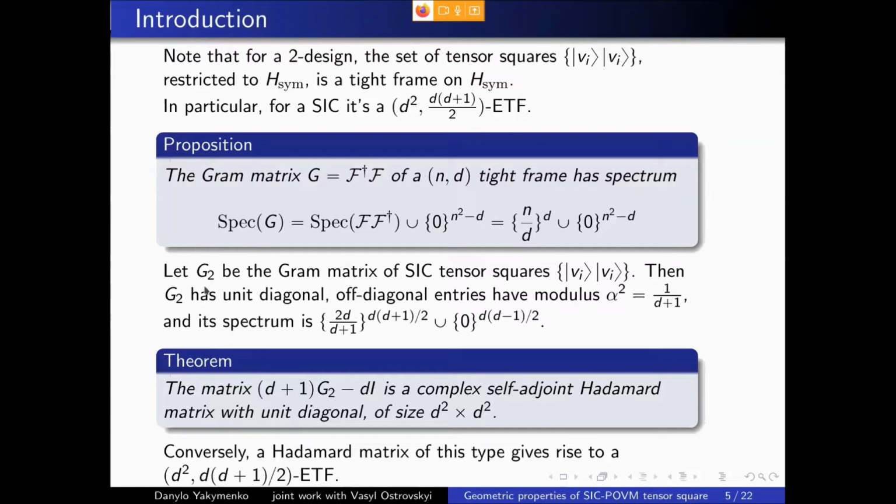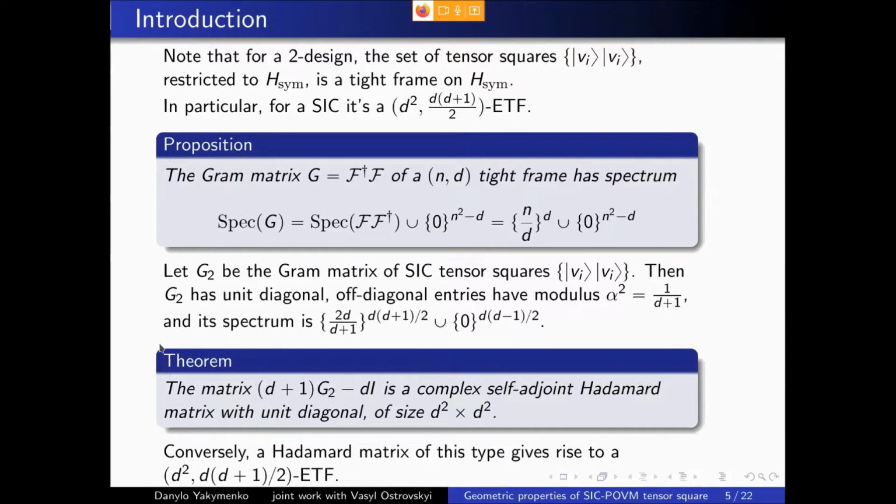Now, what we see is that this G2 Gram matrix has a unit diagonal. The diagonal entries all have modulus alpha squared, right? And the spectrum of this matrix we calculate from this proposition, and we know it completely. Yes, it has two points with these multiplicities, right?